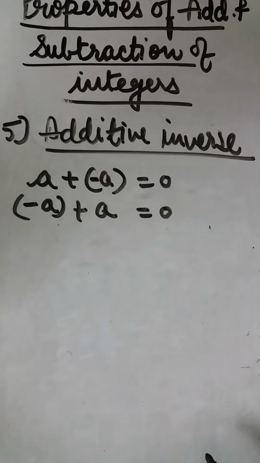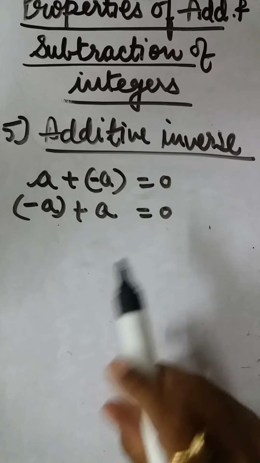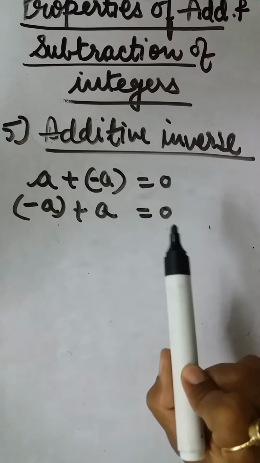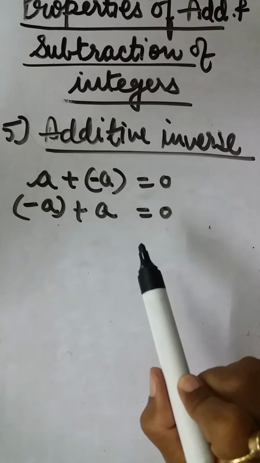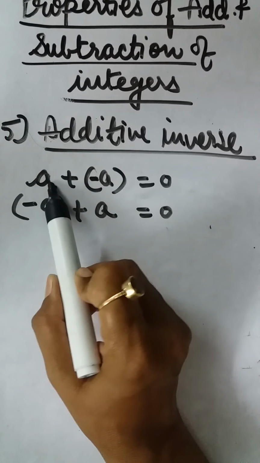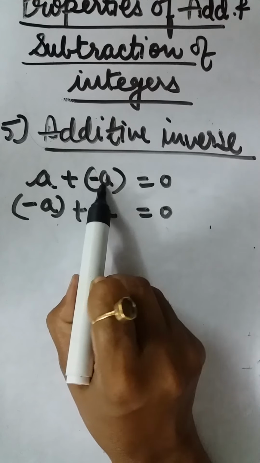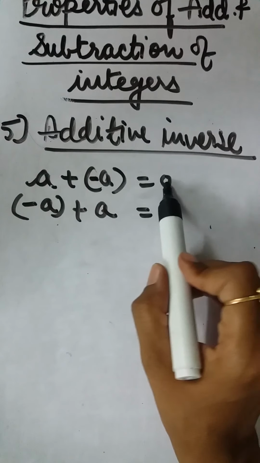Additive inverse. Now we know for every integer there exists its additive inverse, that means the negative of it, such that their sum is 0. It means if a is an integer and we add a to its additive inverse, the result will be 0.